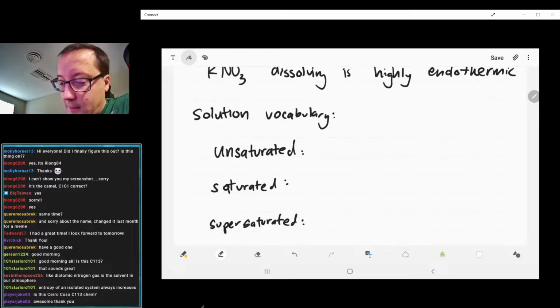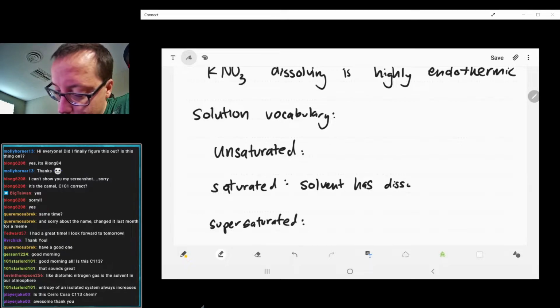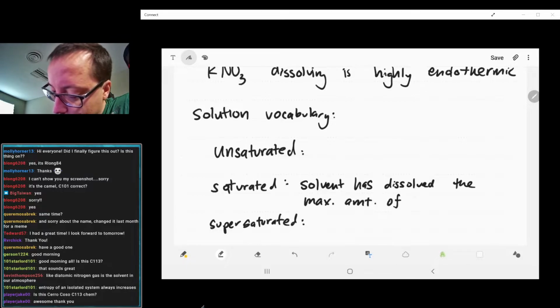We're going to define a saturated solution first, whereas the solvent has dissolved the maximum of solute that it can.